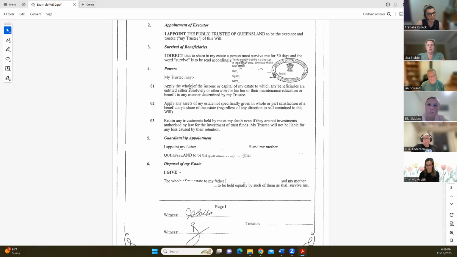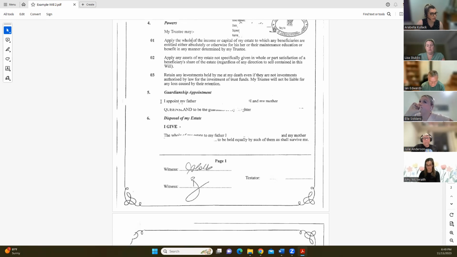So I should just say the powers clause will vary between precedents. You might have done a will yourself and there might be quite extensive powers listed, or you might have done a will where it's quite a short recital, and that's okay.